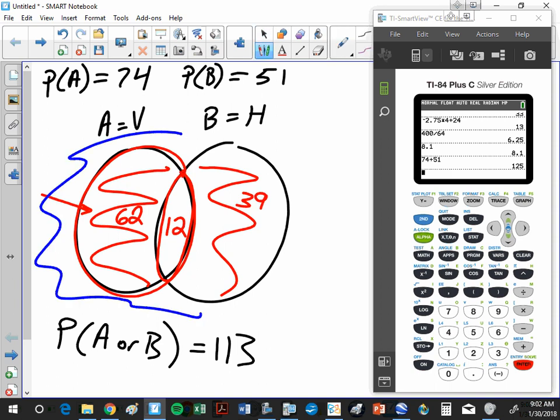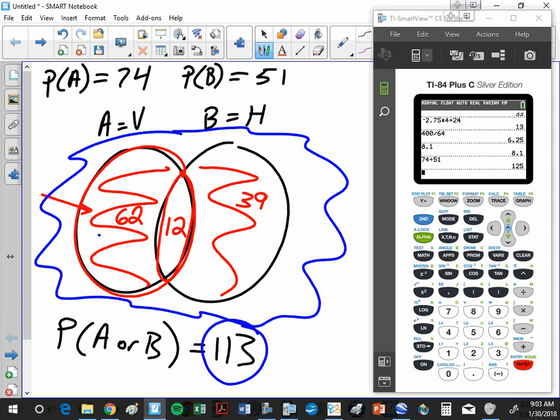How many people are out here? 87. Why? Well, this many kids land here, here, or here, right? So everybody else must be outside of A and outside of B. So there would be 87 kids that don't fit into any of those blocks. Okay?